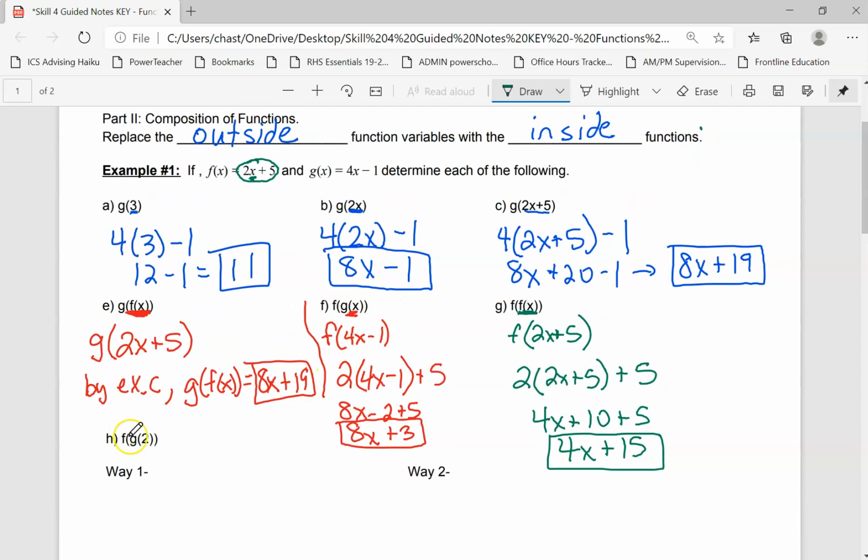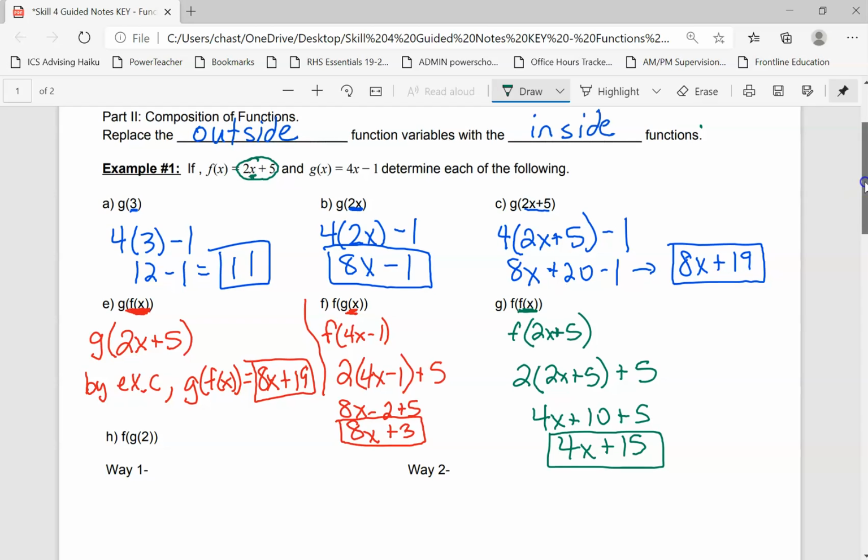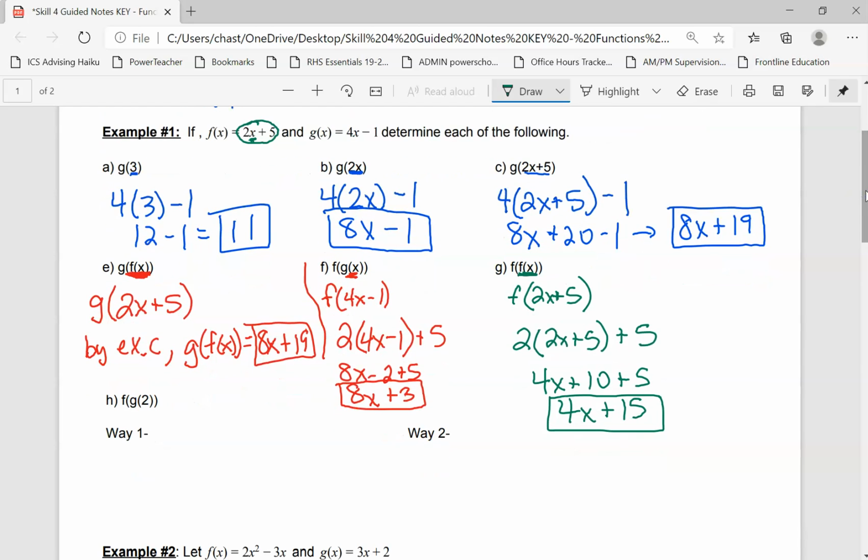The next part asks us to find f of g of 2, and there are two ways to do this. Way one is to plug in 2 for the g function, so that'd be 4 times 2 minus 1. So we get 7.